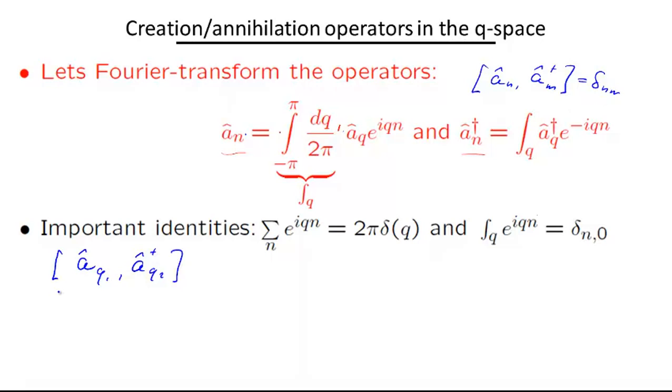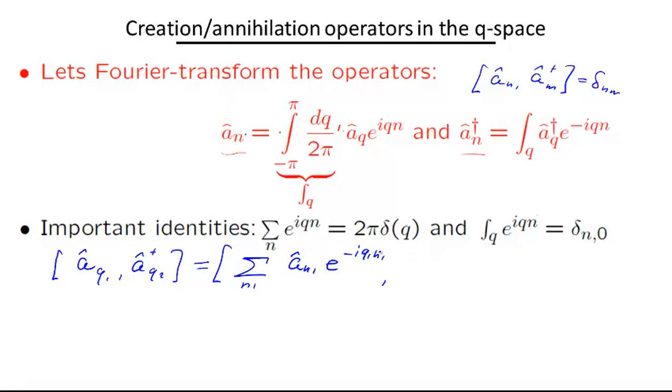So now we want to check what kind of commutation relations these guys satisfy, and in order for me to work out these commutation relations, I'm going to use an inverse Fourier transform. So let's say the first term in this commutation relation, A sub q1, can be written as a sum over n1 of A sub n1 e to the power minus i q1 n1.